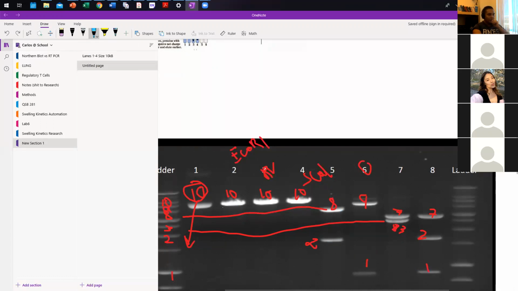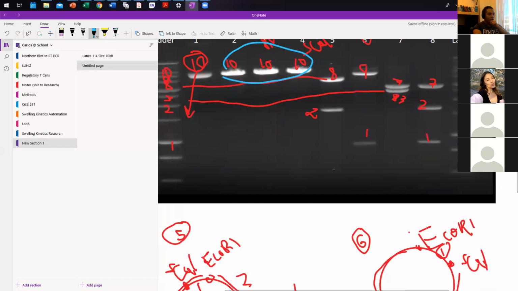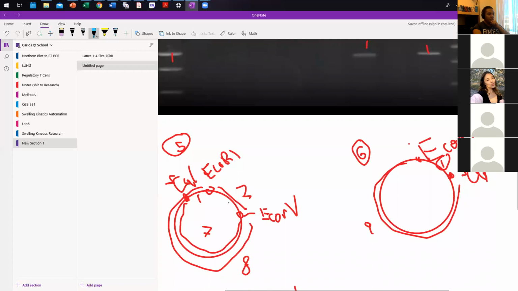So you use these. And then depending on where you start off, let's say instead of starting your diagram by drawing EcoRI here, I could have drawn it here instead and then drawn this over there, and it would still have been right. But then it's just going to be relative to this.